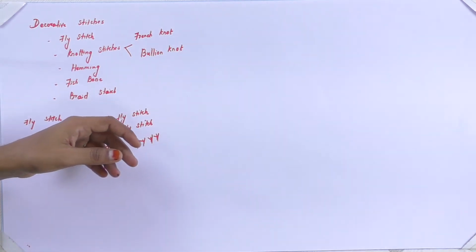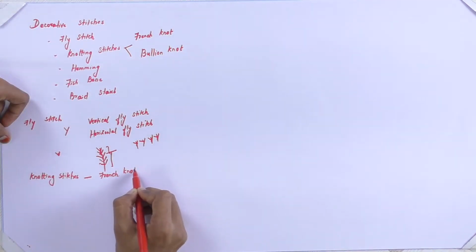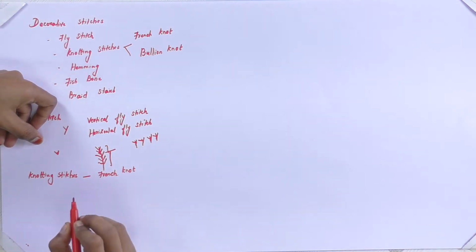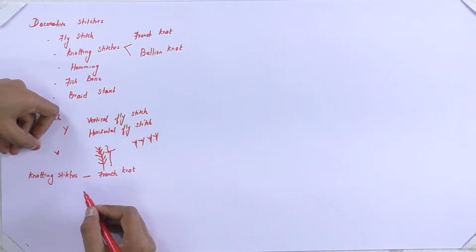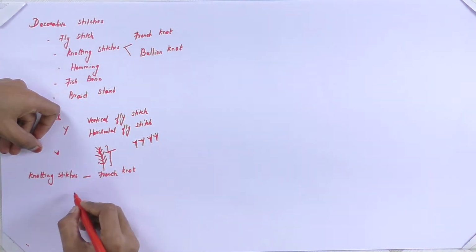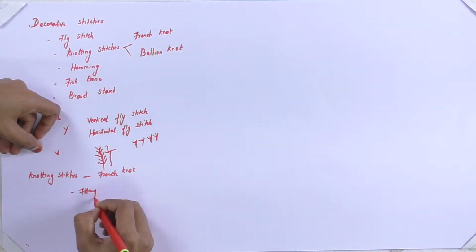And coming to the next stitch, knotting stitches, French knot. French knot looks like a dot actually. You have to wrap your threads around the needle twice or thrice to make this French knot. This French knot can be used as a filling stitch.